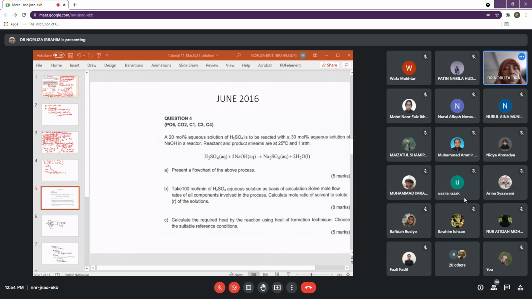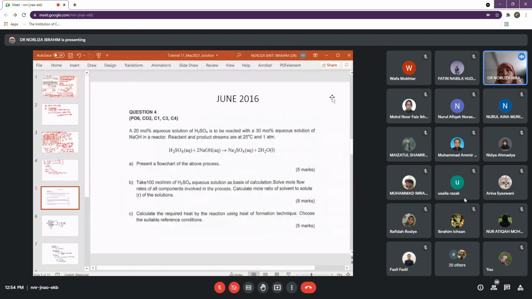All right. So now we go to this thermochemistry of solution. This is quite an interesting question. It's not about the reaction, because this reaction is actually what we discussed during our lecture.